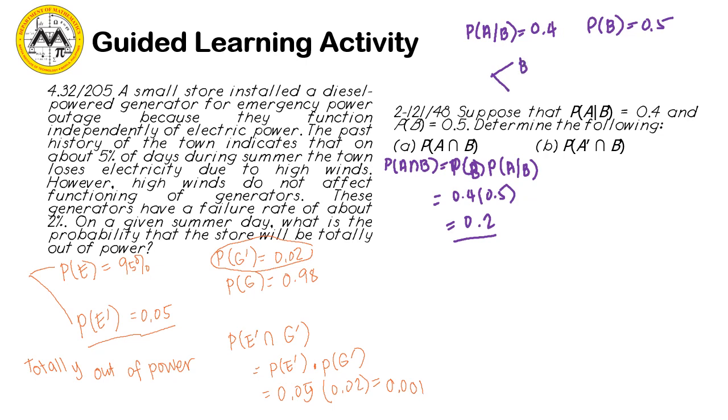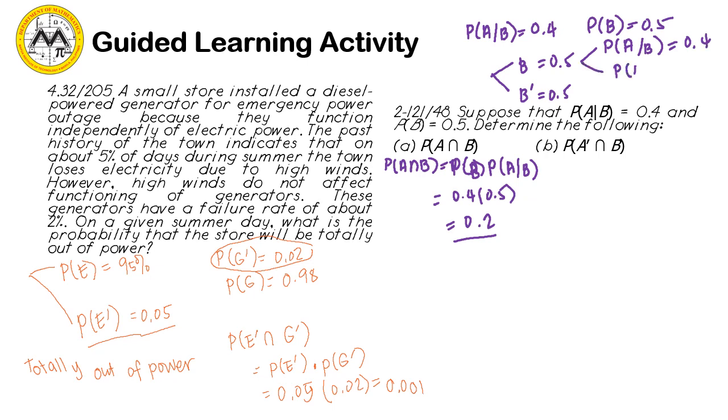This is B, this is B prime, so that is 0.5 each. The probability of A given B is 0.4.